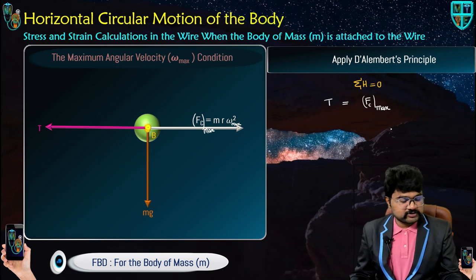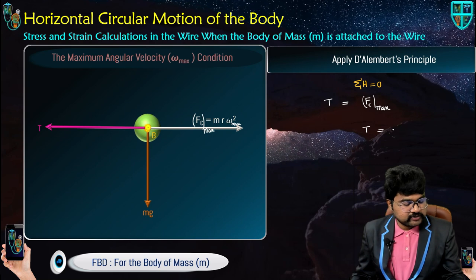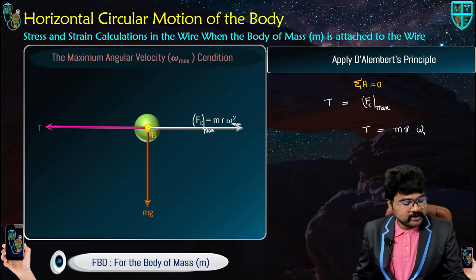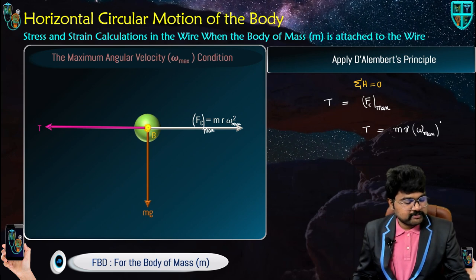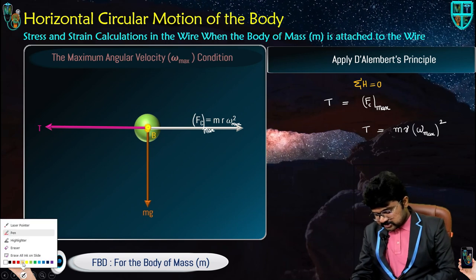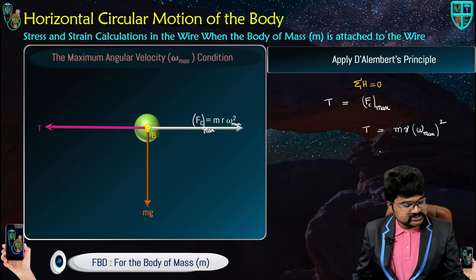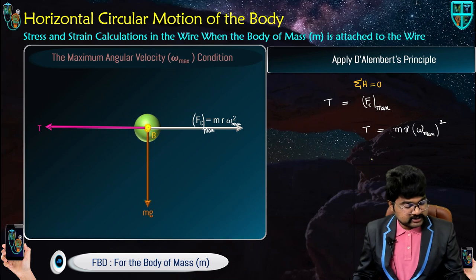Then I can confidently say that T equals m r omega maximum whole square. So here, what is the tension? This is the maximum tension in the string, m r omega max square.